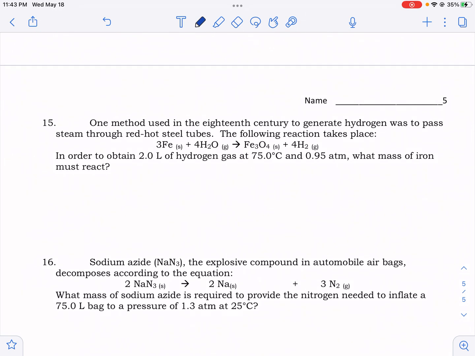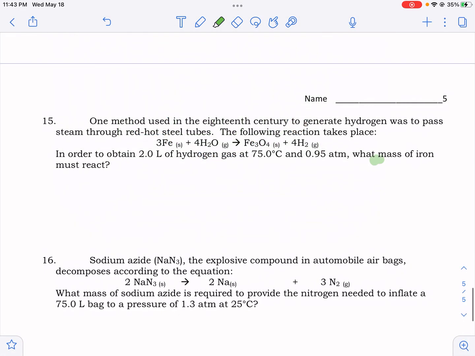Number 15, we are solving once again for mass of iron, and we're given volume, temperature, and pressure. So once again, we're going to do PV divided by RT.